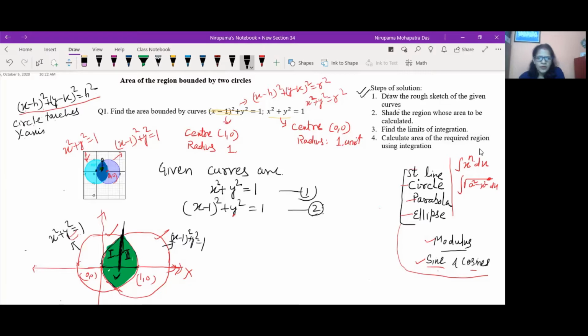The area of the region which we want is the sum of the areas of 1 and 2. I'm talking about the area above the x-axis. If we get the area above the x-axis, then we double it to get the required area.